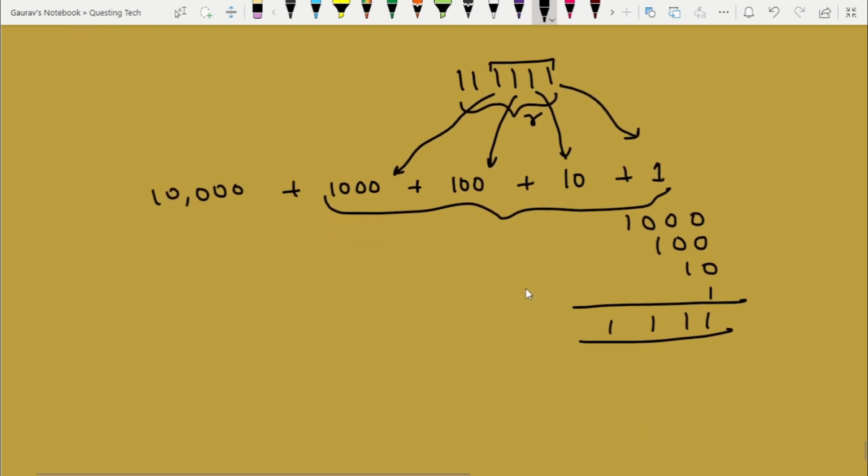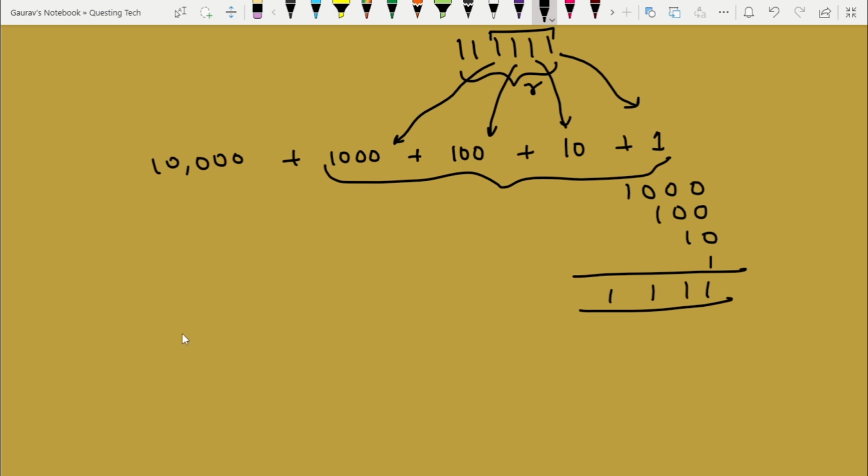Or can we represent this generalized number like this: 1 plus 10 raised to power 1 plus 10 raised to power 2 plus 10 raised to power 3. If we have 4 digits, then the last power is 3; but if we have r digits, we take r minus 1, since 3 is 4 minus 1. So we can represent r ones like this. How are we going to solve this?